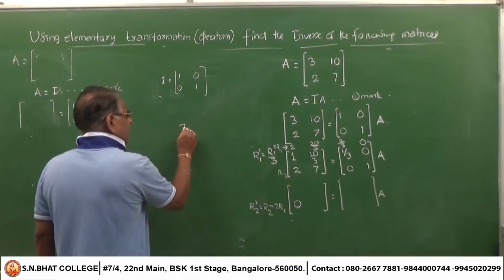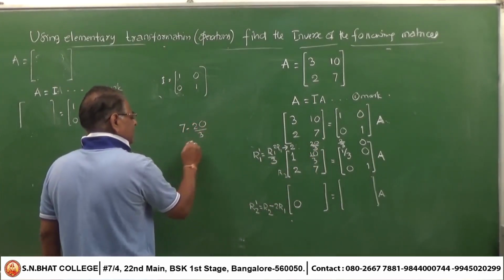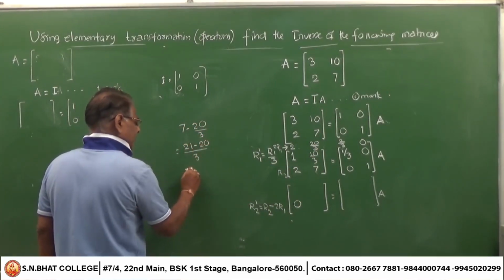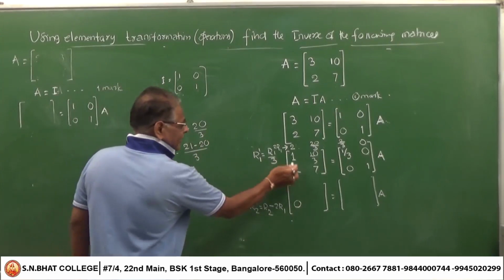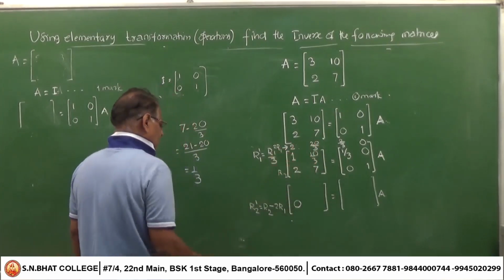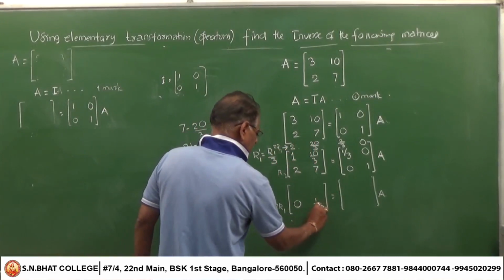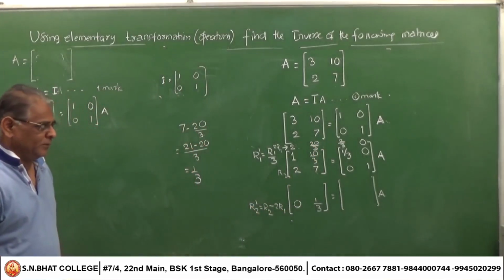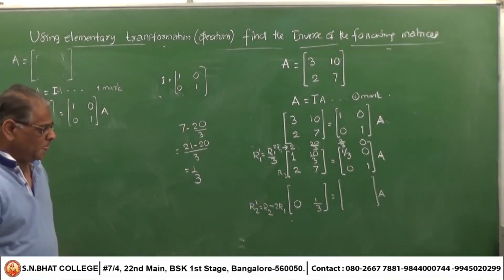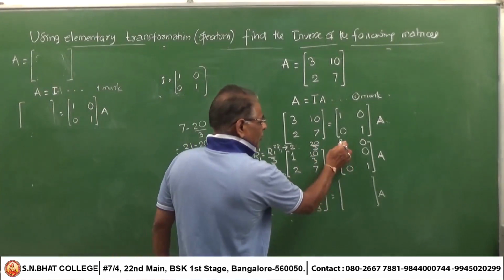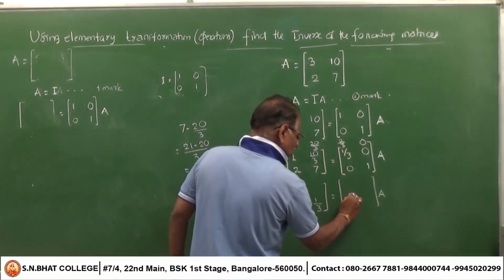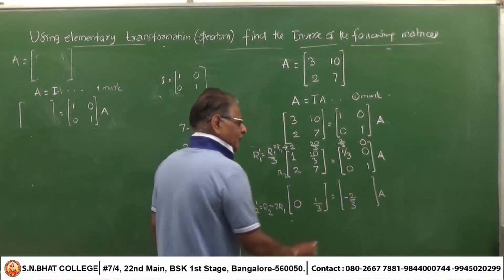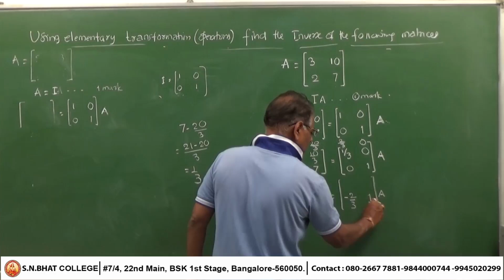7 minus 20 by 3. LCM is 3. 3 into 7 is 21, minus 20 by 3, this is 1 by 3. Next, R2 minus 2R1: 0 minus 2 by 3 is minus 2 by 3. 1 minus 0 is 1.